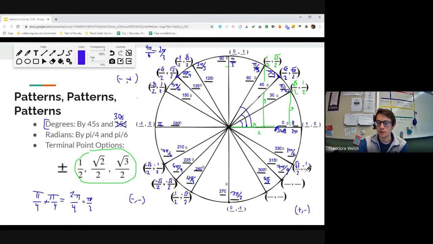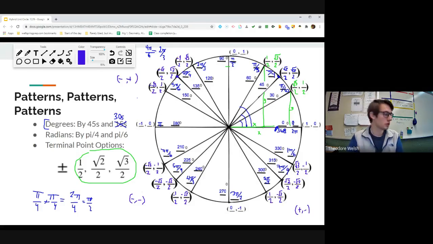Our y value has to be negative. Same within the middle. Middle one is always root 2 over 2, root 2 over 2. You just have to match up the correct signs. And 5 pi over 3 is going to be positive 1/2, negative root 3 over 2.